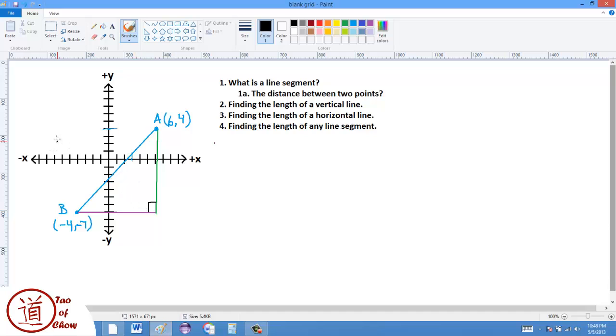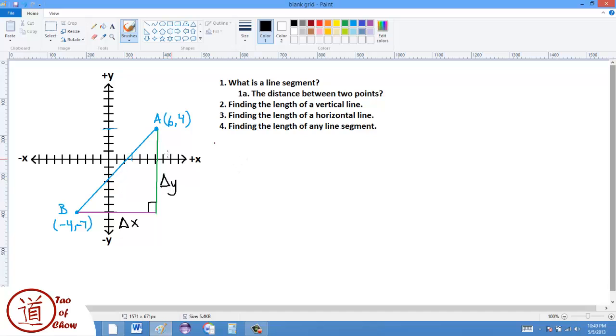So we'll call this the x, and we'll call this the y. The x is the horizontal, the y is the vertical. In fact, I will call it delta x and delta y. This delta is a math term meaning change in, so this is the change in x, and this is the change in y.